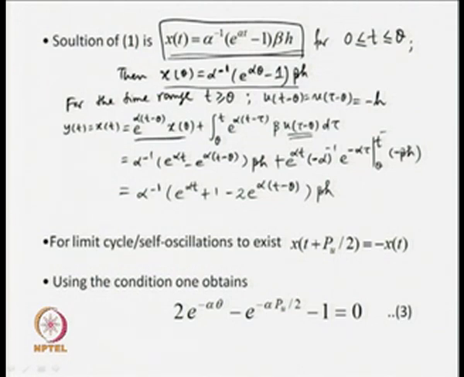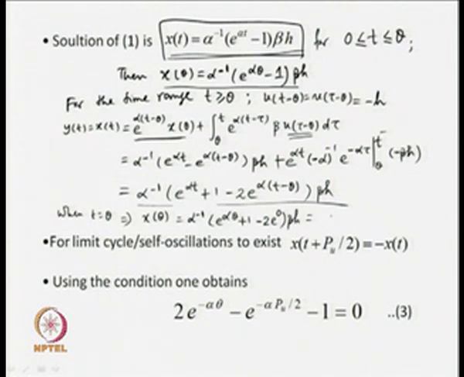Let us see whether this expression is valid or correct. The correctness of this expression can be found by the substitution of t equal to theta. So, when t equal to theta, what do I get? I get x(theta) is equal to alpha inverse (e to the power alpha theta plus 1 minus 2 e to the power 0) times beta h.